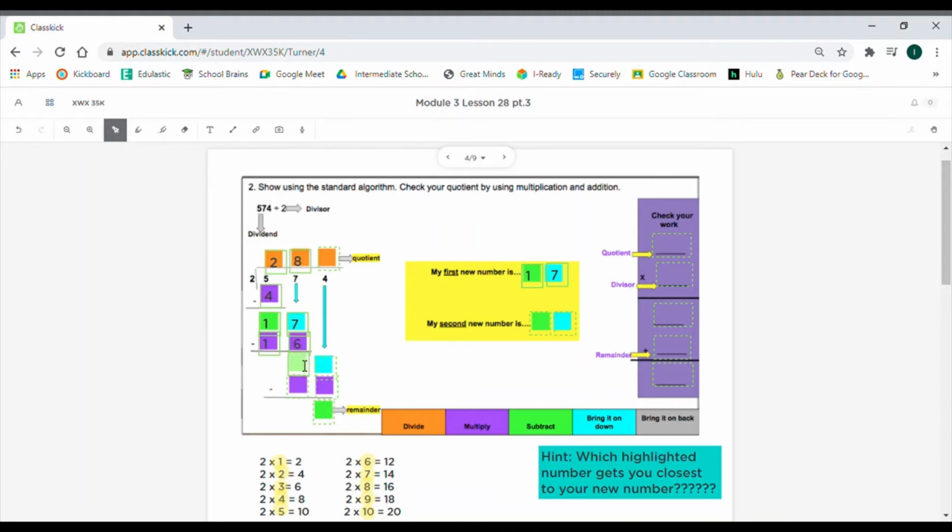17 minus 16. What do you get? What's my difference? Yeah, 1 is my difference between 17 and 16. And what number am I going to bring down? Good, 4.